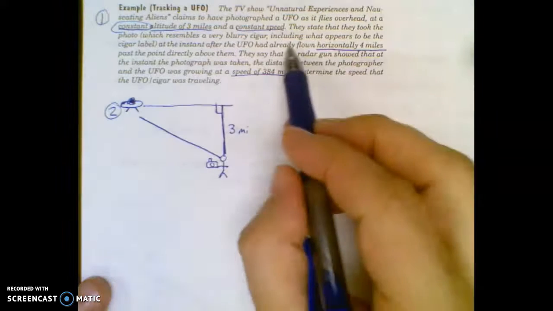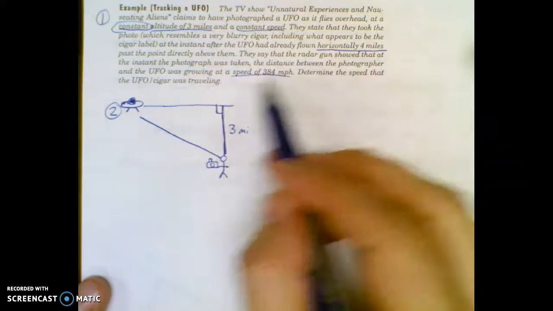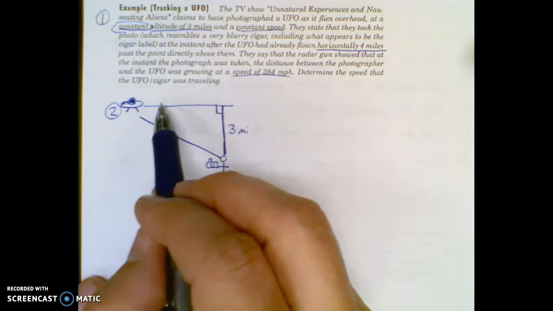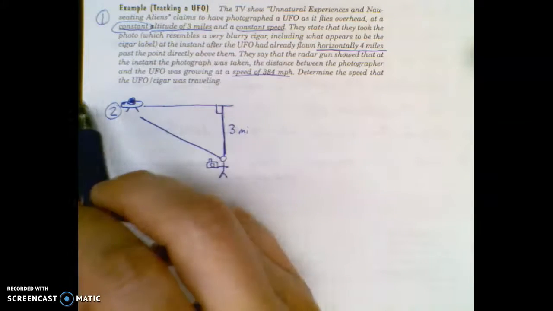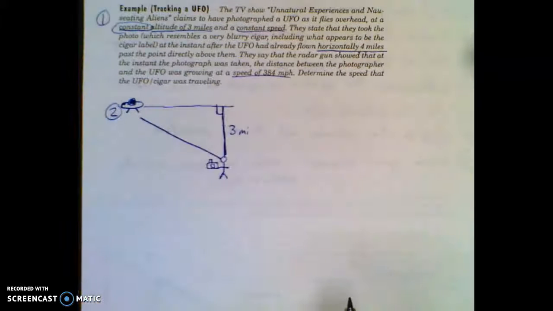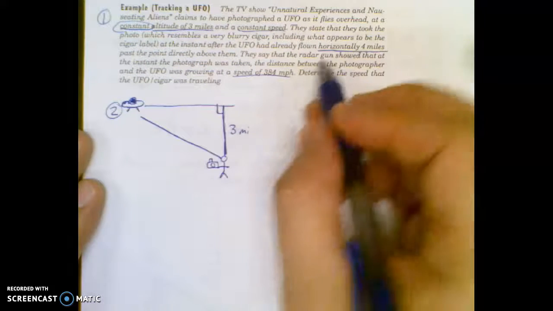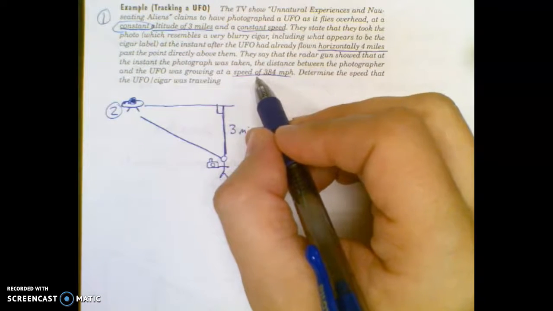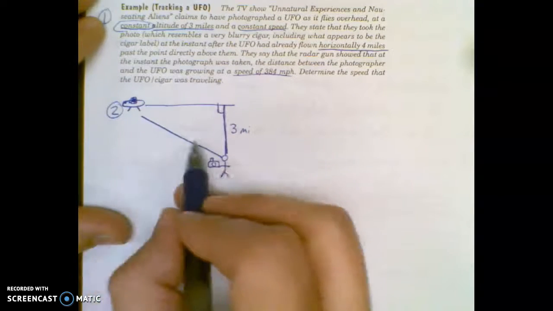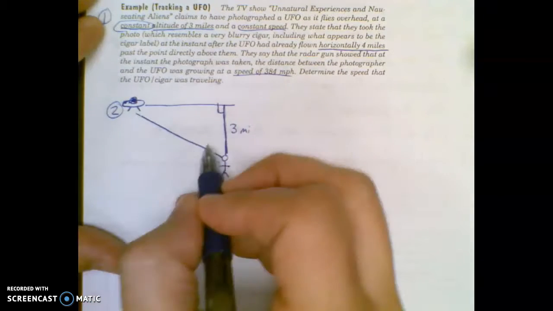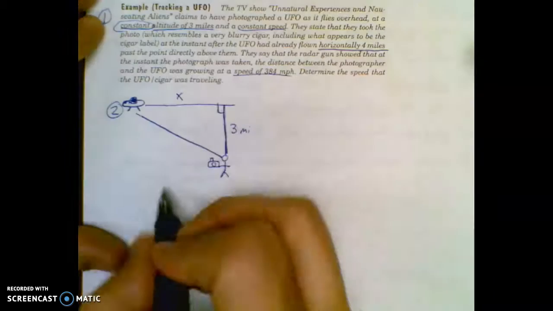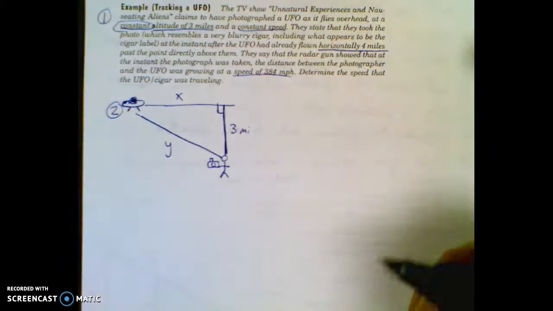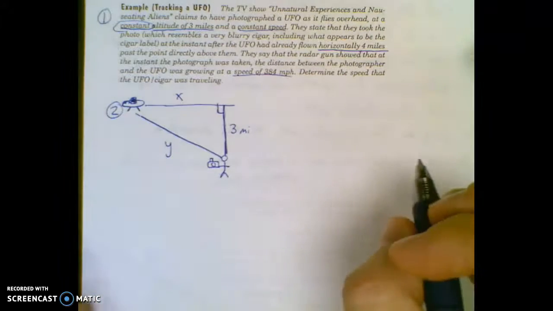I'm not allowed to put the 4 miles past because that's not always going to be 4 miles. This thing's flying, right? So it's 4 miles and it's 5 miles and 6 miles. So all the other information is particular. Like this 384 miles per hour was the distance between them growing. Well, that's a rate. So basically, I'm going to put an x here and a y here because I don't know those, but I'm allowed to put a 3 in here. That takes a little getting used to.